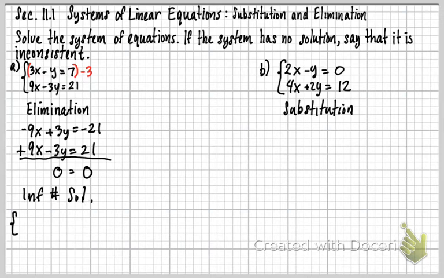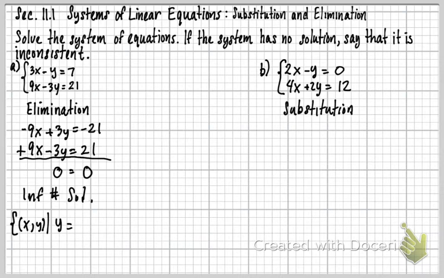Another way we can write this, or the way we should write this, is x comma y such that y equals, now essentially what I'm looking at here is I'm looking back at the top. And all I'm going to do for that equation is actually solve it for y.